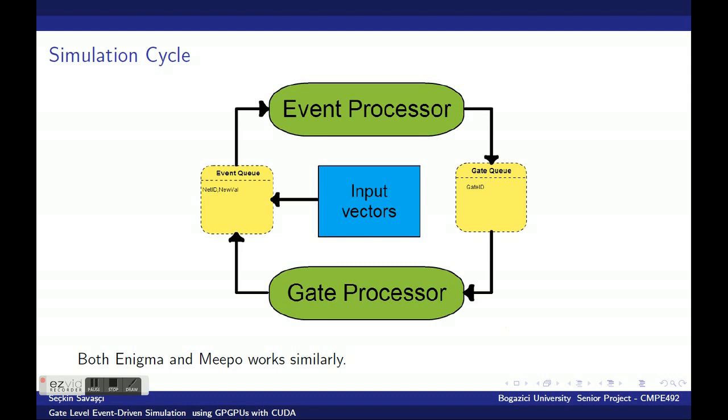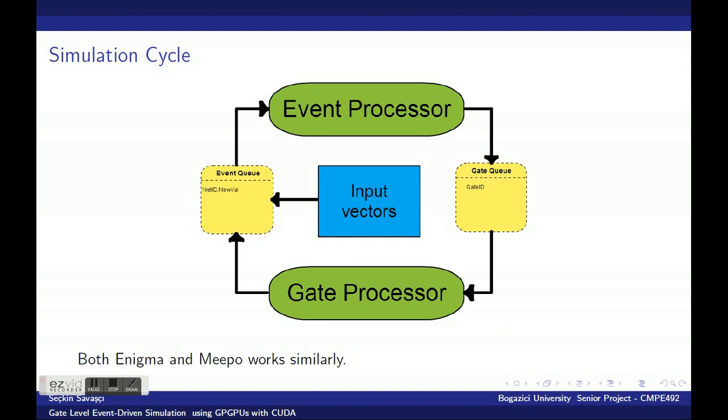What is done in simulation is you first get input vectors, and input vectors mean that, hey, this is the new input for this timestamp, and then you create events for that. Events represent the net changes. An event processor processes those events and says that, oh, this net is changed, so this fan-out gate must be simulated.